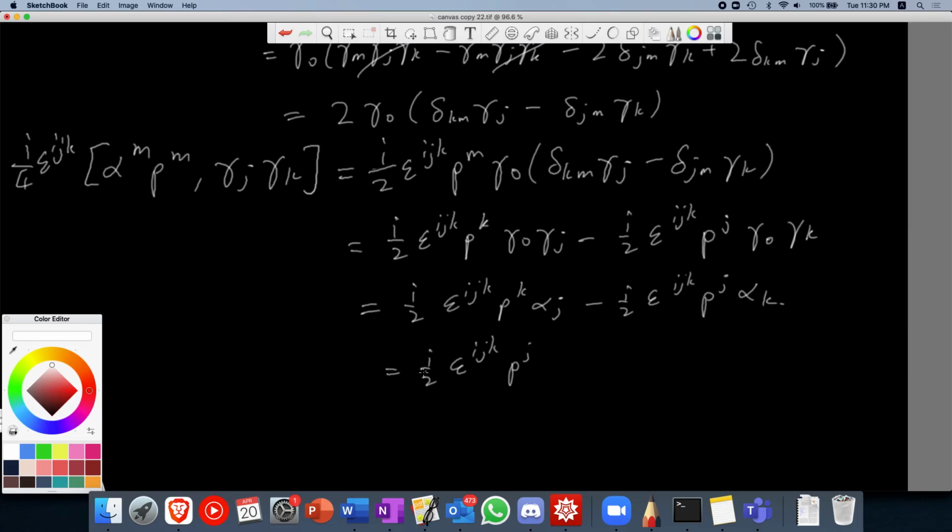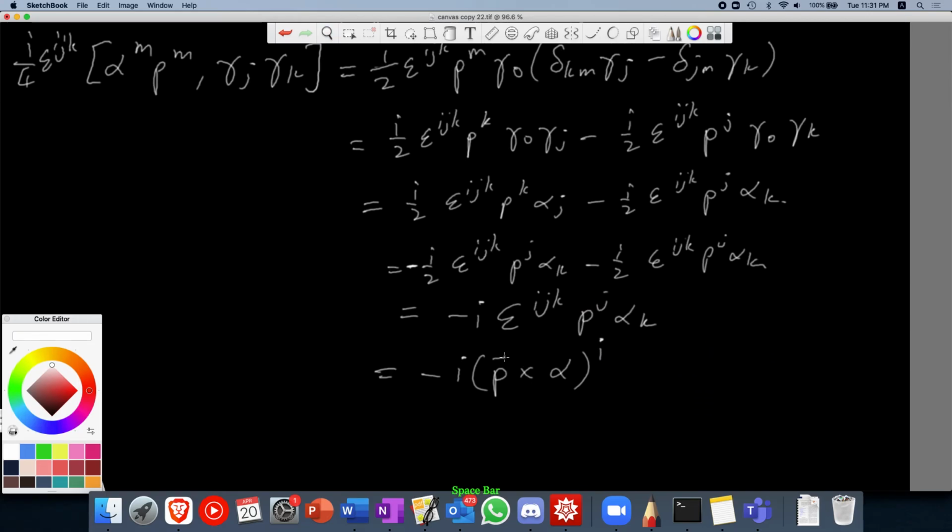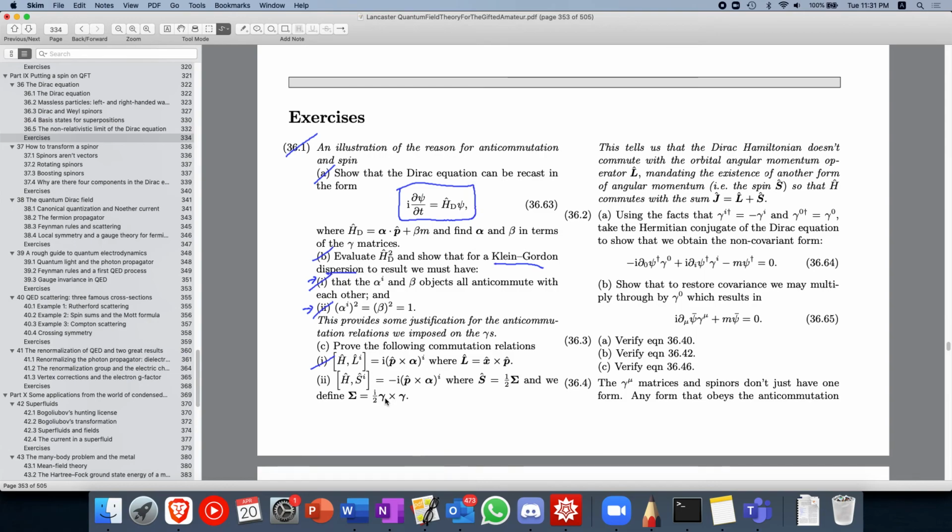P of j, so do a minus sign, then this is alpha k minus i over 2, the exact same thing, and this is equal to minus i, this, and this is equal to p cross alpha in the ith component, where these are like vectors. So we have in fact almost there, or have almost shown it.